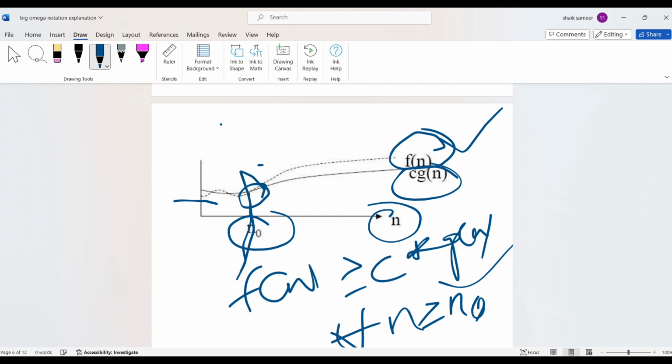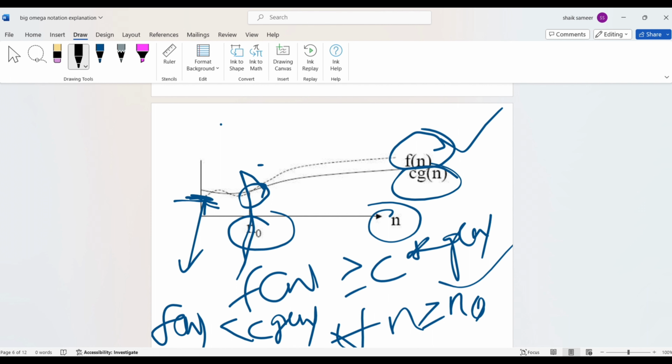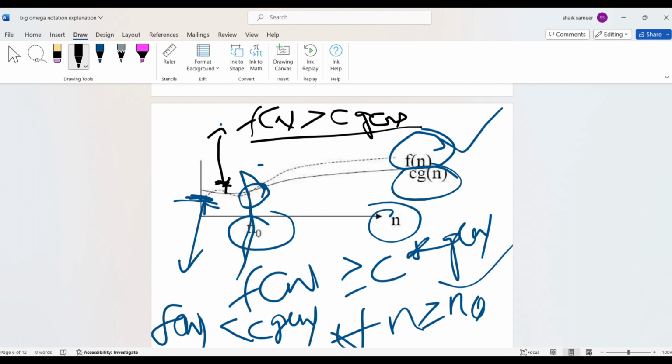In one region f of n is less than c into g of n, that means c into g of n is greater than f of n. In the other region f of n is greater than c into g of n. If you look at the graph once again, you can understand it easily.